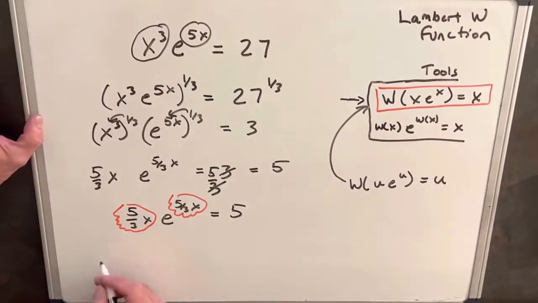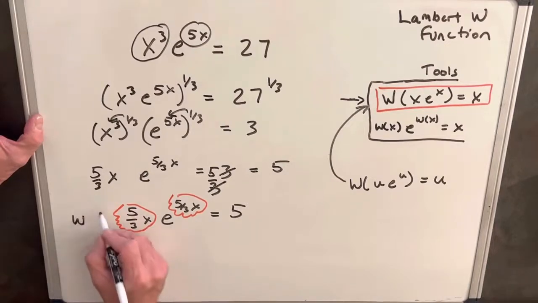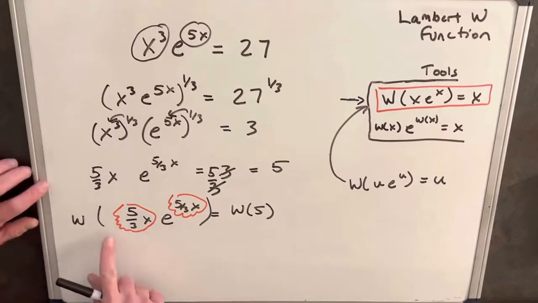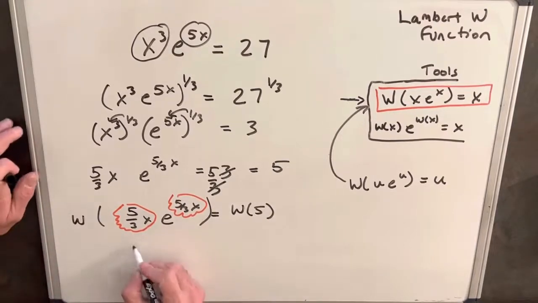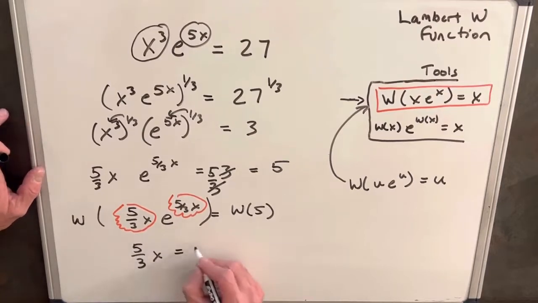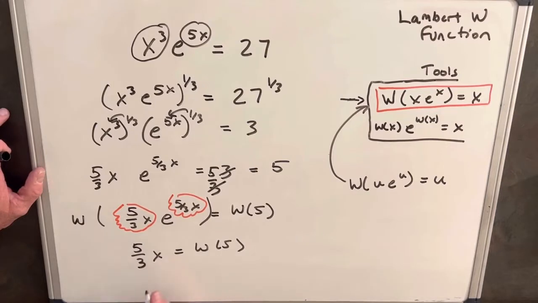So then we'll come down here and we'll apply our Lambert W on both sides. Then our Lambert W on the left side, this result is just going to be 5/3 x. And then we'll just have our Lambert W of 5 here. But then we want to solve for x, so we can just multiply both sides by 3/5.